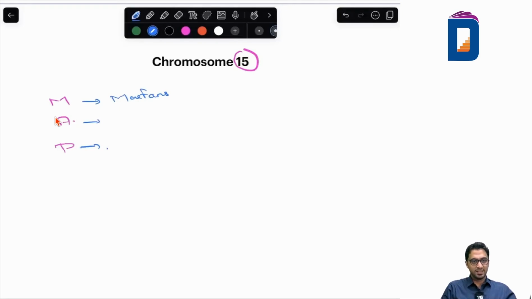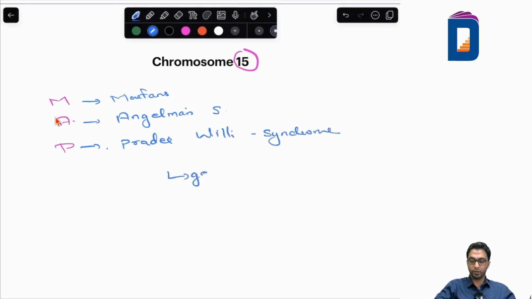It is not Patau syndrome. It is Angelman syndrome, and P for Prader-Willi syndrome. If you have not learned, we'll learn this in detail. These two are associated with genomic imprinting.